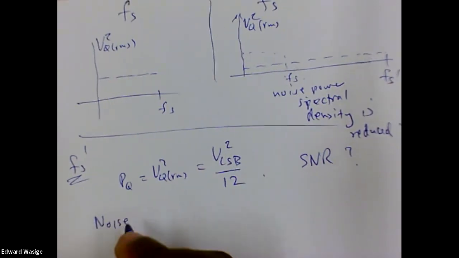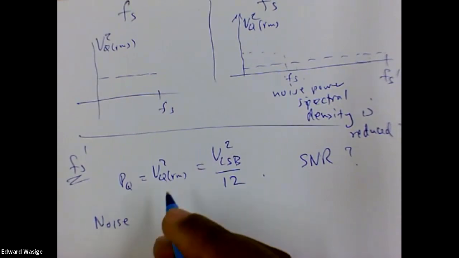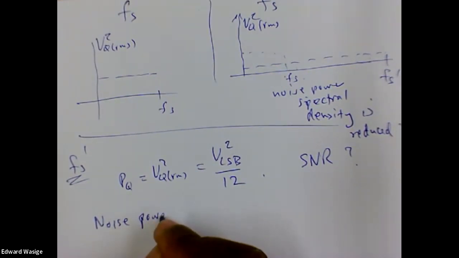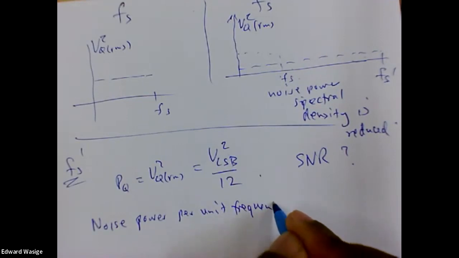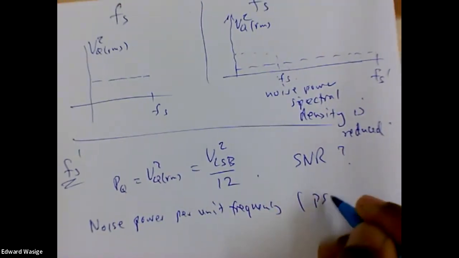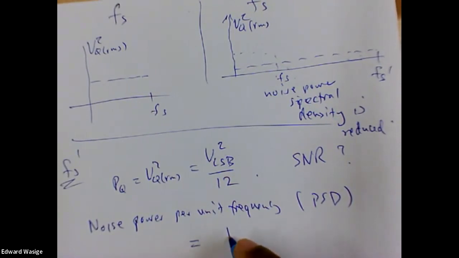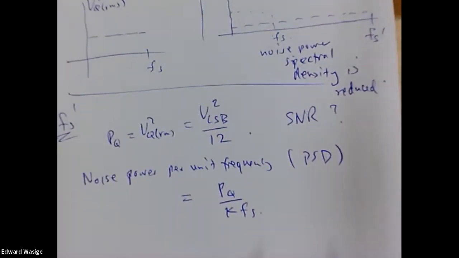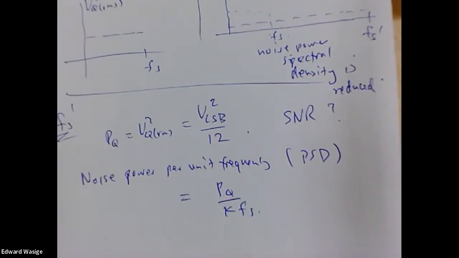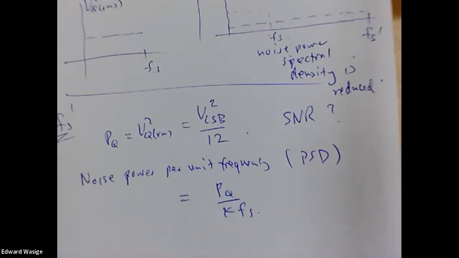We can say noise power per unit frequency, which is the power spectral density, will be equal to PQ divided by KFS. So the noise power divided by the frequency range over which the noise exists. So we make the assumption that the noise is uniform, or the expression white noise is used, that the noise is spread uniformly across this frequency range.